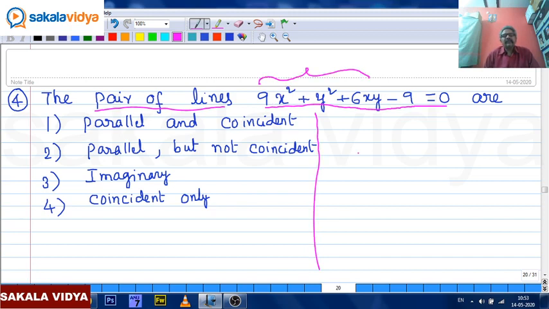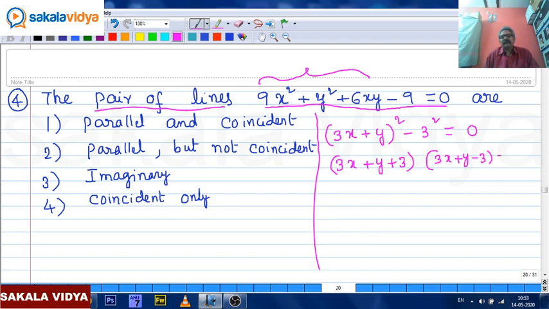We can write it like this: (3x plus y) whole square. You check it. What is (3x plus y) whole square? 9x square plus y square plus 6xy, minus this 3 can be written as 3 square, is equal to 0. So now we can factorize: 3x plus y plus 3 into 3x plus y minus 3 is equal to 0.